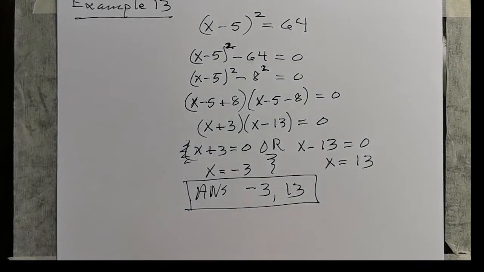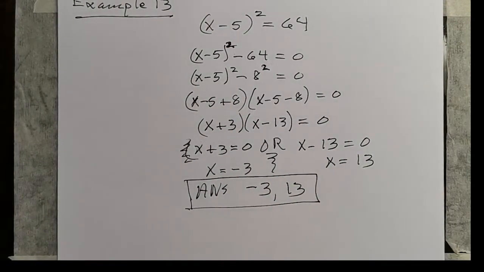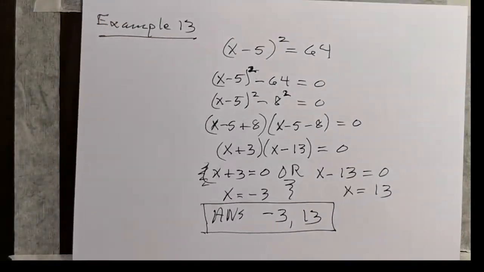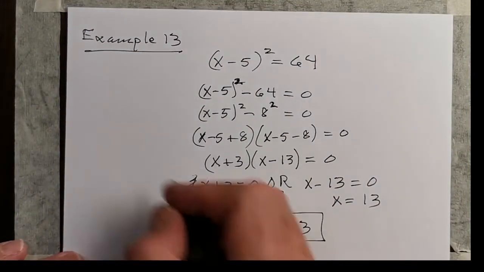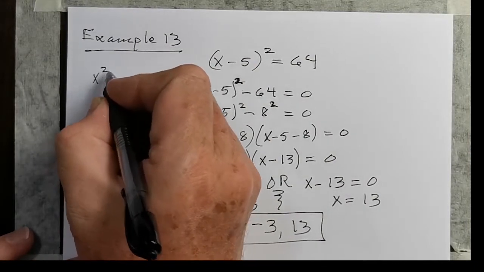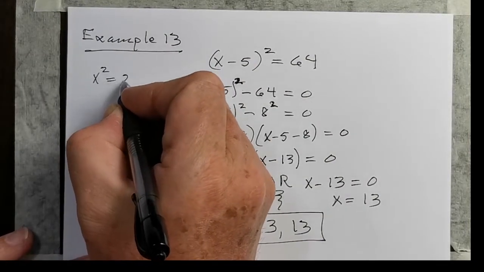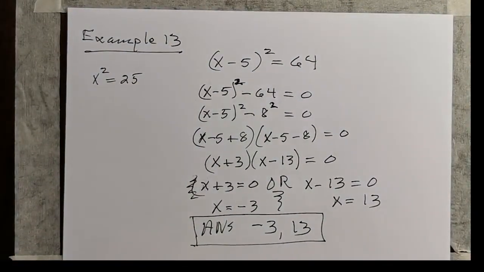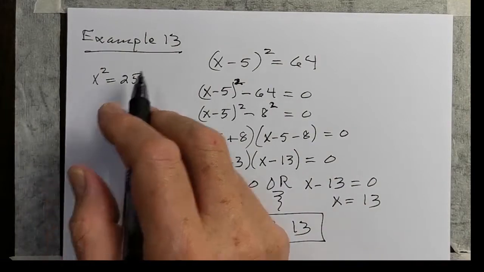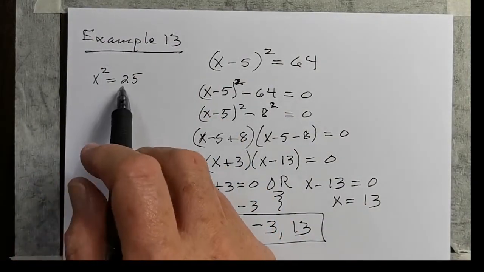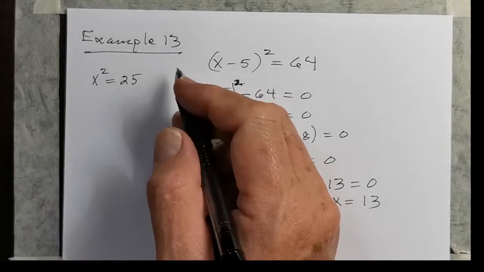I just want to point out that if I have something that looks like this, what if I had x squared equals 25? You know that if something squared equals 25, the thing that we're squaring would have to be the square root of 25, or 5.